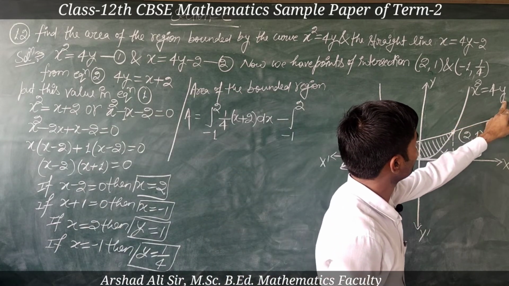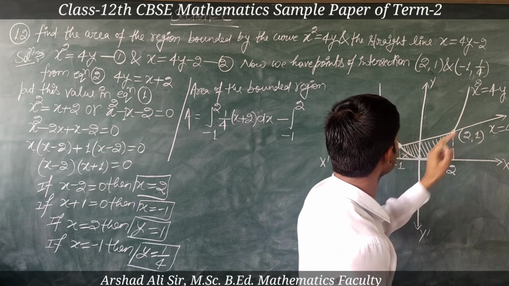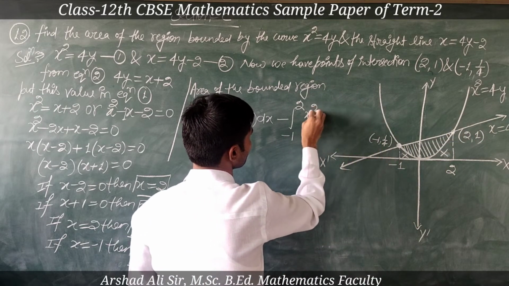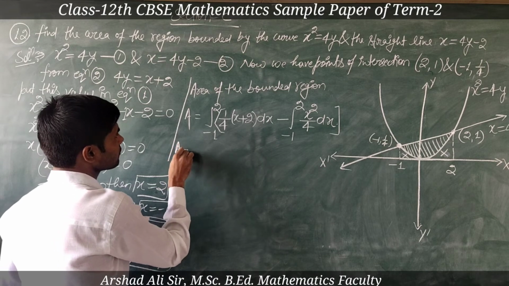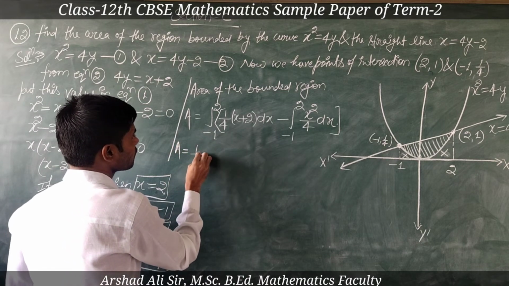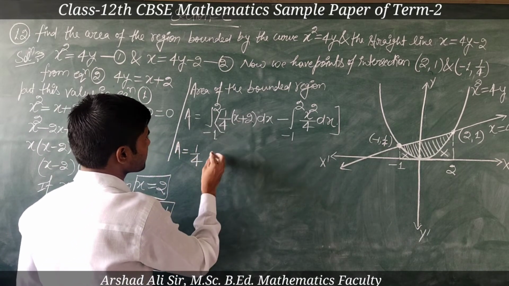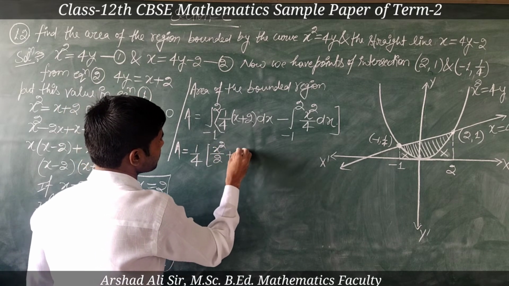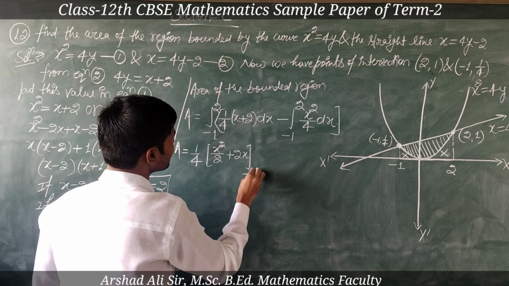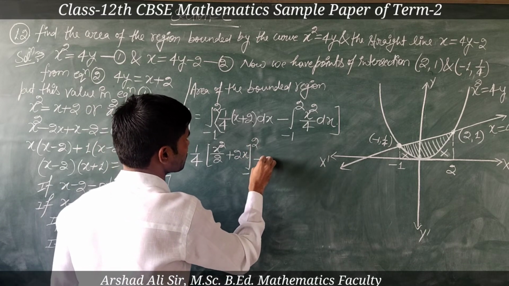X square is equal to 4y, so we can write here y is equal to x square upon 4 dx. Okay, A is equal to 1 upon 4 integration of x plus 2. It will be x square upon 2 plus 2x. Okay, lower limit is -1 and upper limit is +2.